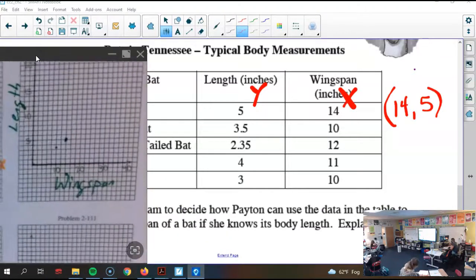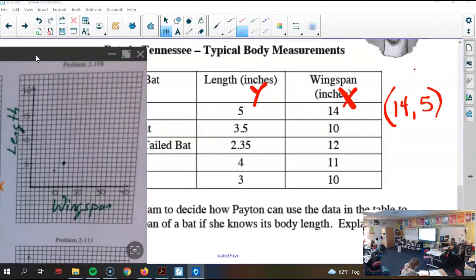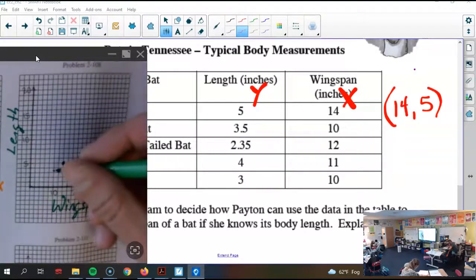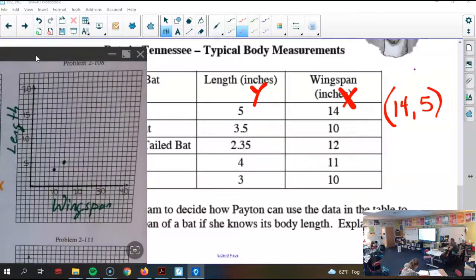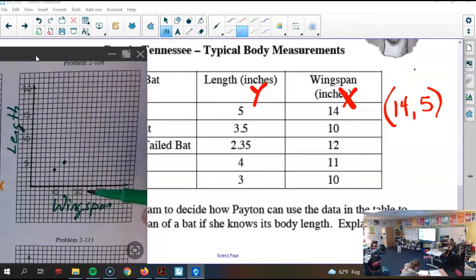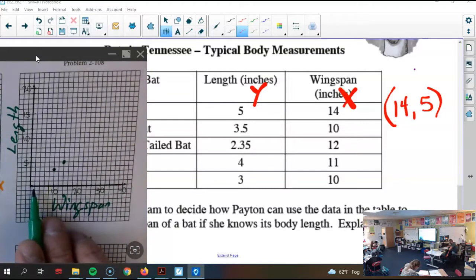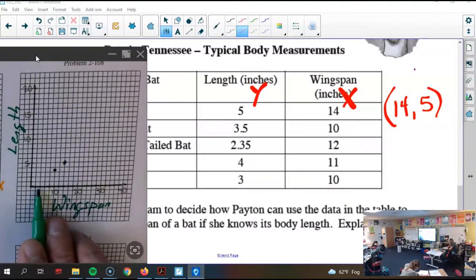Sorry, I'm trying to make it so you guys can see both at the same time. Ooh, man, 2.35. That's kind of hard, because, guys, this counts by twos, right? Every box going on the x-axis is 2, but every box on the y-axis is only 1. So this is like right 2.35 and 12.